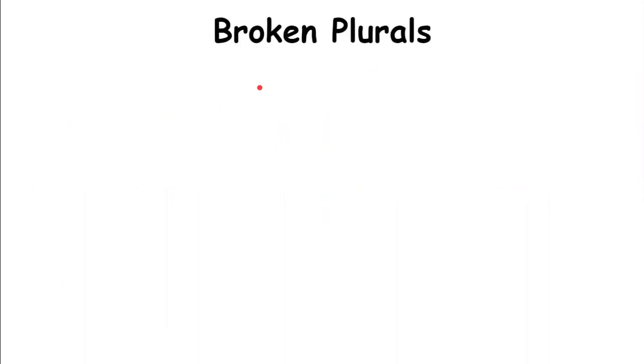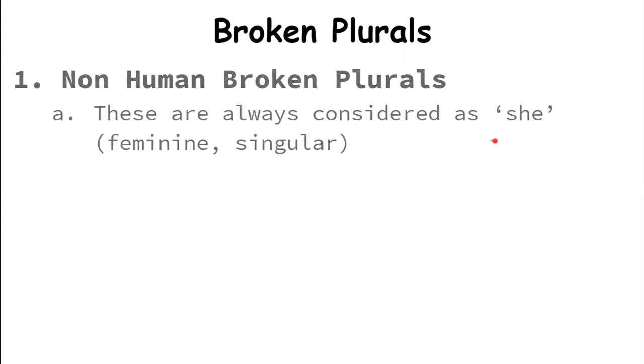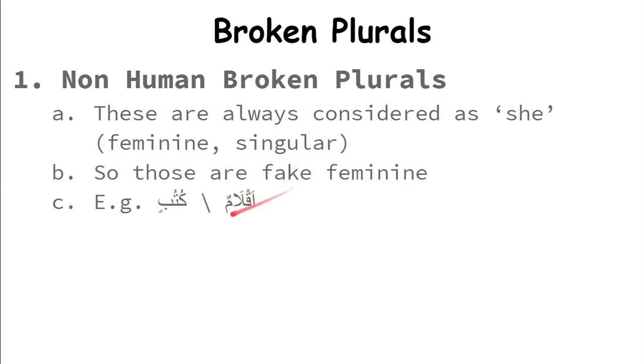Ta marbuta. Then comes the concept of broken plural, and you already learned broken plural, right? Broken plurals are of two types, right? Non-human broken plural and human broken plural. Non-human broken plural is always considered singular feminine. There is no exception. Like aqlam means pens, kutub means books.